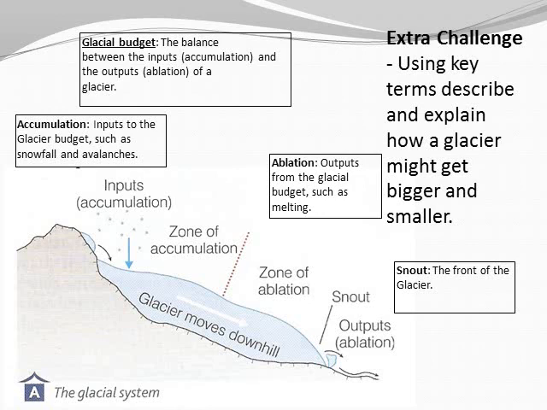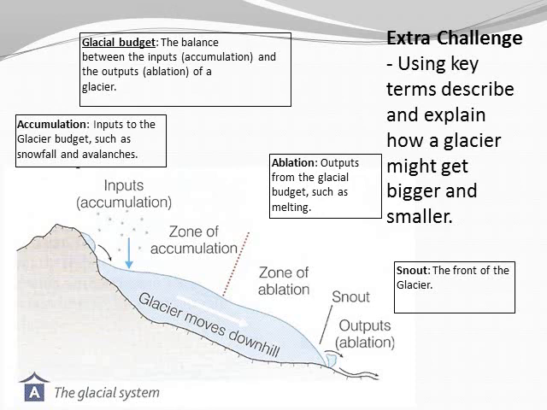And there is a balance, the glacial budget, between the input, the accumulation at the top of the mountain, and the output, the ablation at the bottom of the mountain. And when these are in balance, the glacier, although it moves, stays in position. It doesn't advance or retreat.